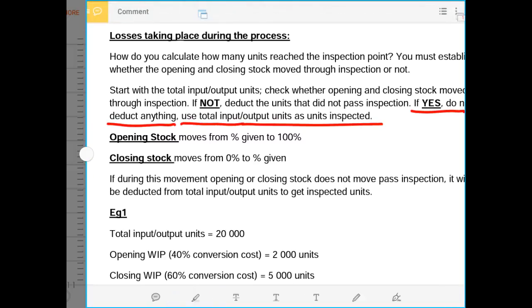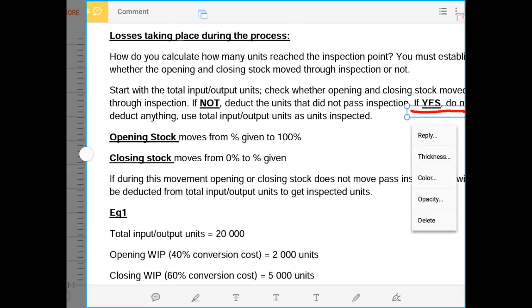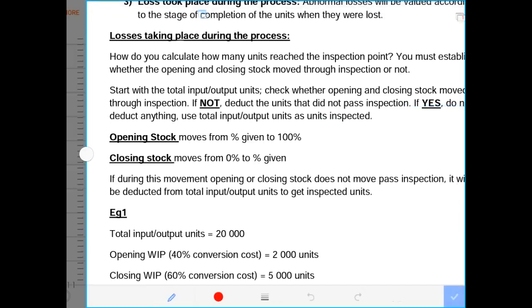So now they further tell us something that is very important. I'll emphasize and link all this theory when I'm doing these examples. It says opening stock moves from a given percentage to 100%.